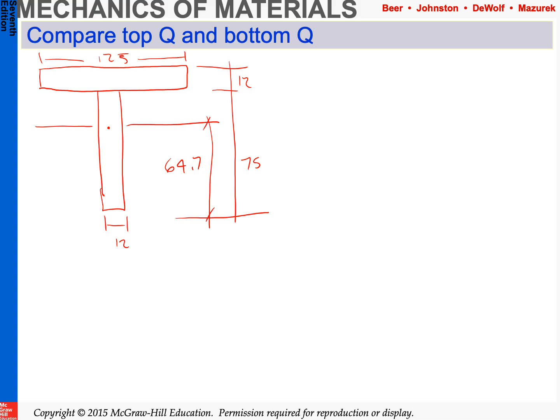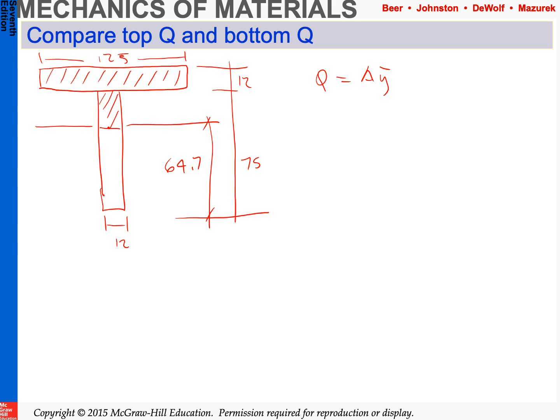So let's start with the top. So the top, we want the area here and the area here. So Q equals AY bar. And we have multiple pieces. It's just easier to do each of those pieces individually than finding the centroid of this now shaded in part.